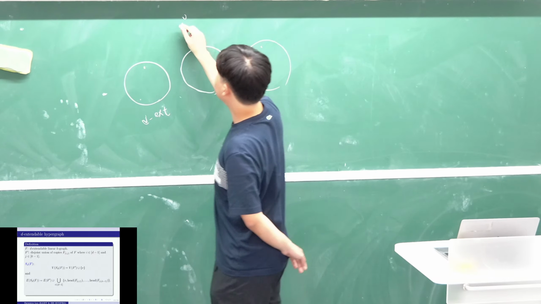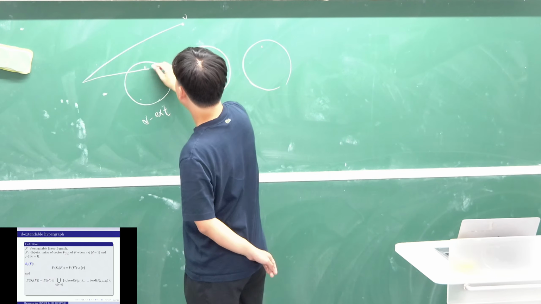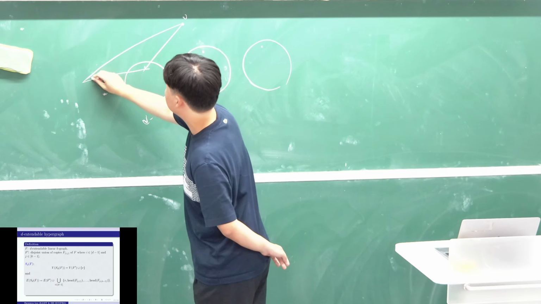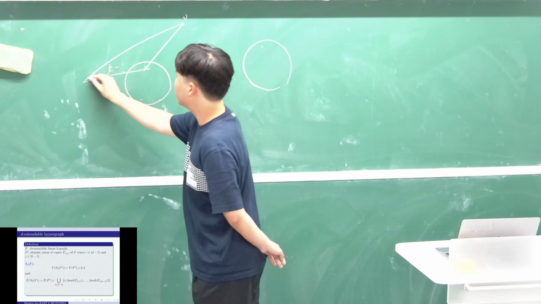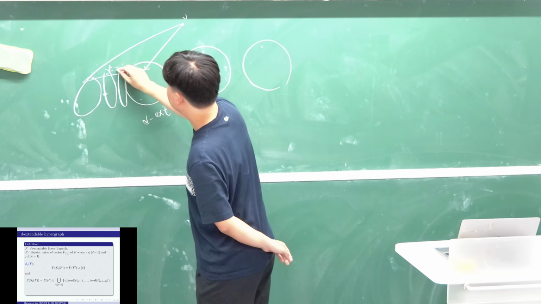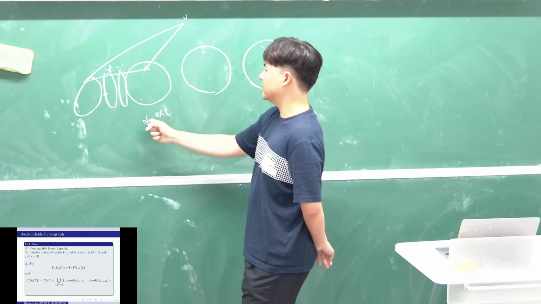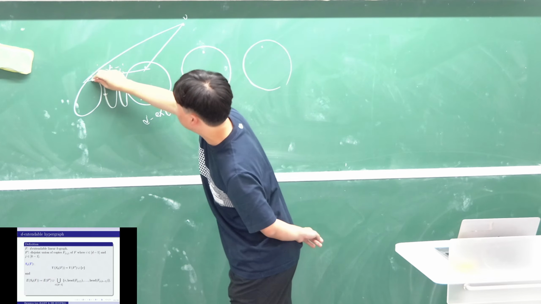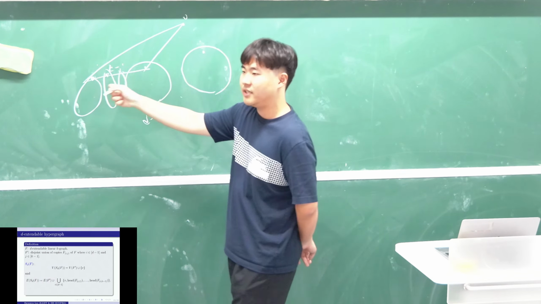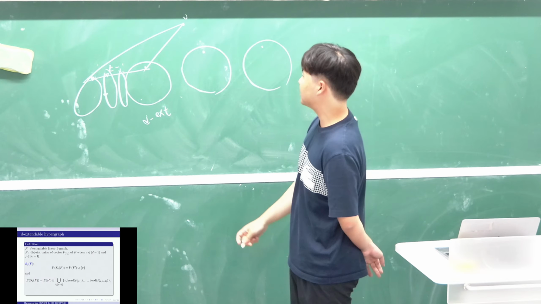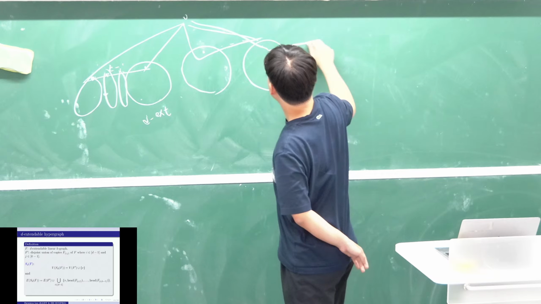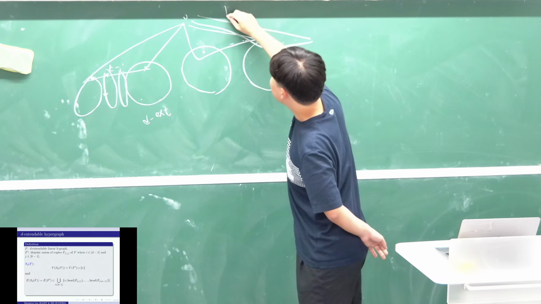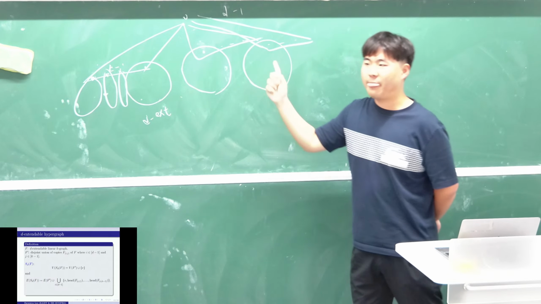We will join new hyperedges. So maybe we have exactly k minus 1 vertices here, and each of these is a disjoint union of extendable linear hypergraphs, and these vertices are the heads of the extendable linear hypergraphs. And we do these things exactly d minus 1 times.